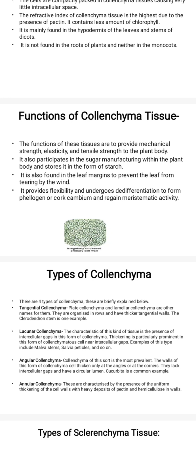It provides flexibility and undergoes dedifferentiation to form phellogen or cork cambium and regain meristematic activity. So these are the functions of collenchymatous tissue. It has more strength than parenchymatous tissue, so it is helpful to the plant for giving mechanical support, elasticity, tensile strength, and so on.